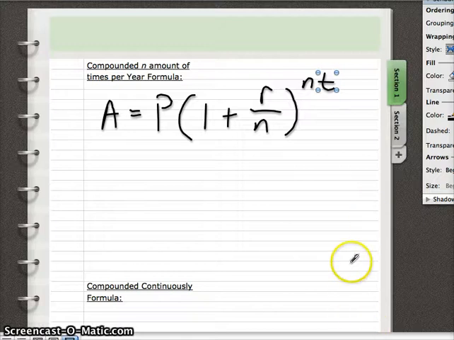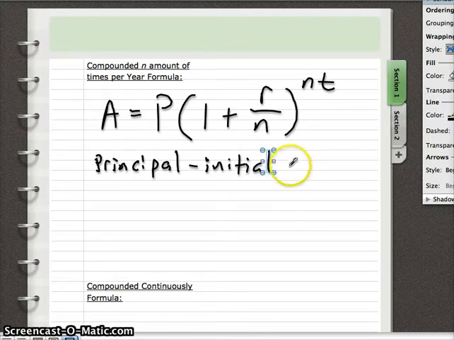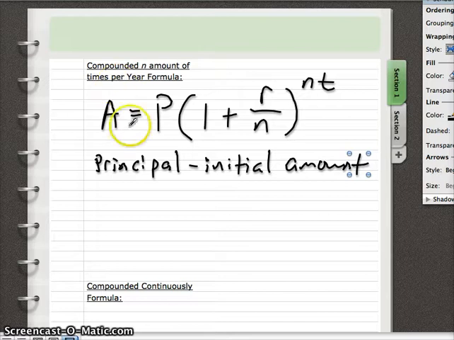That amount of money that I put into the bank is going to be represented by this letter P, which stands for principal, but more simply it's just the initial amount that you put in, or your starting amount. A is going to represent what comes out. So you can think of A as your answer. That's the easiest way to think about it.